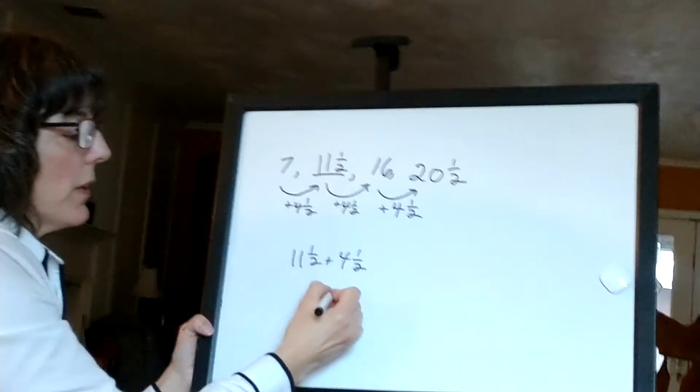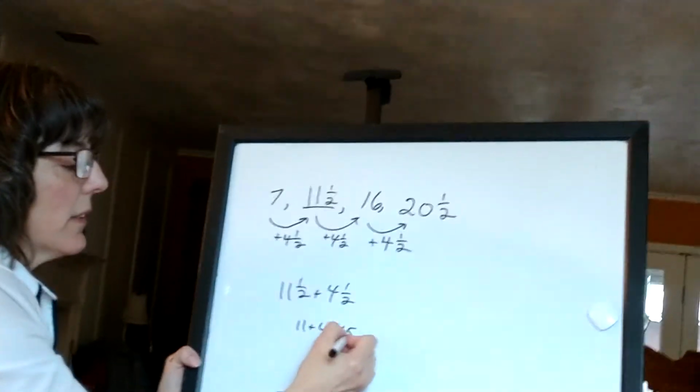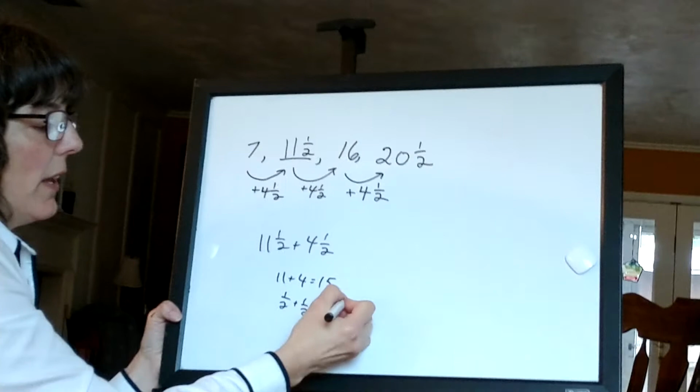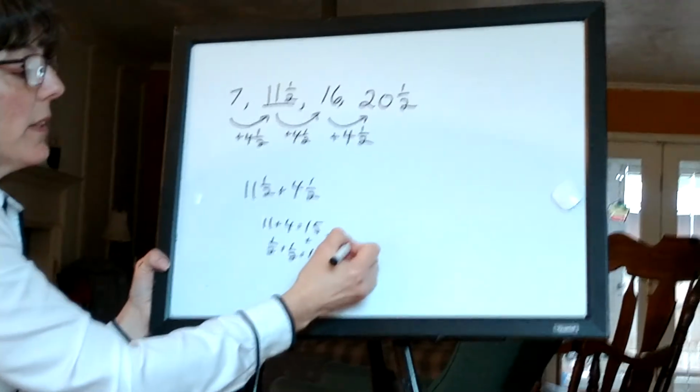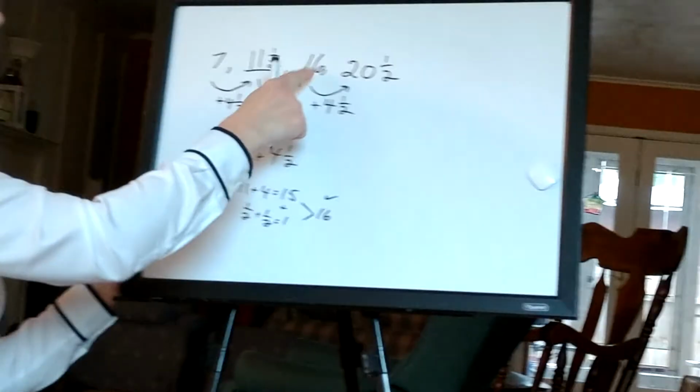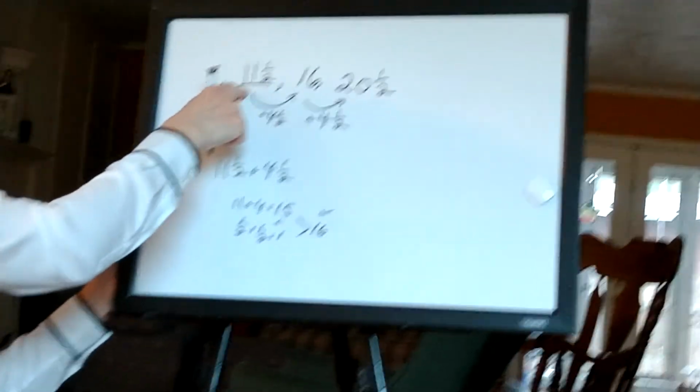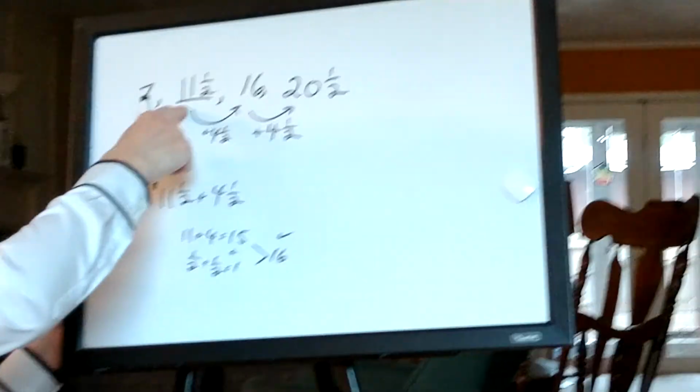So if we have 11 and a half plus 4 and a half, 11 plus 4 is 15. And 1/2 plus 1/2 is 1, and adding 15 plus 1 is 16. So it does work. So our term that fits in there is 11 and a half.